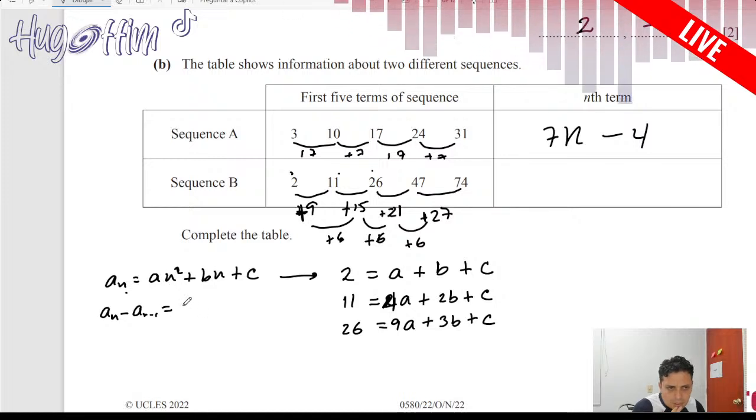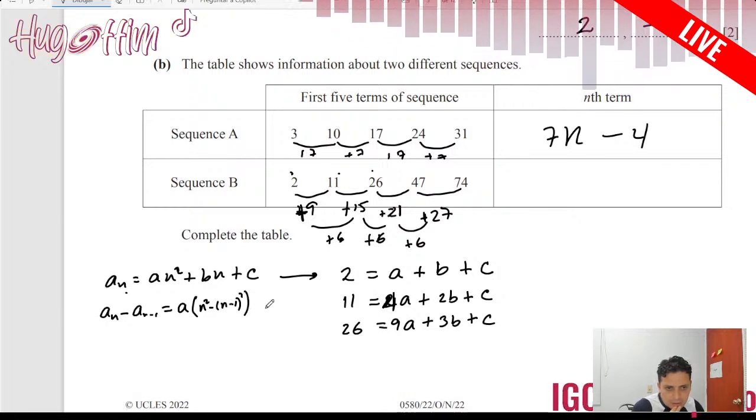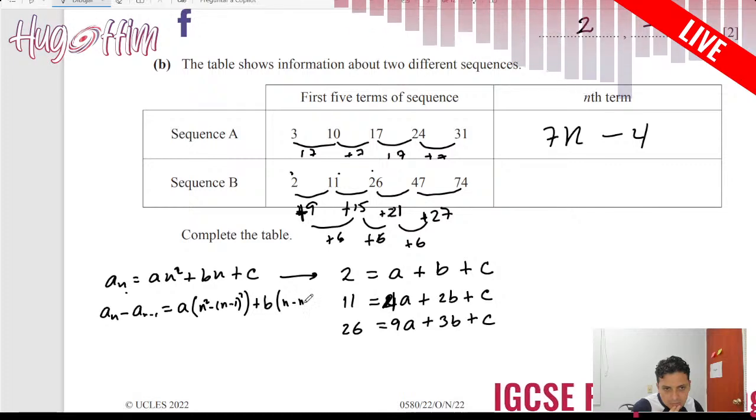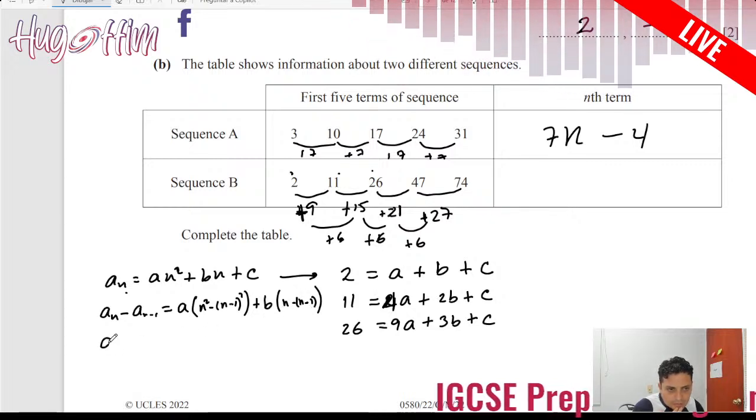So it's going to be a times n squared minus n minus 1 squared, plus b times n minus n minus 1, but this is going to be 1.